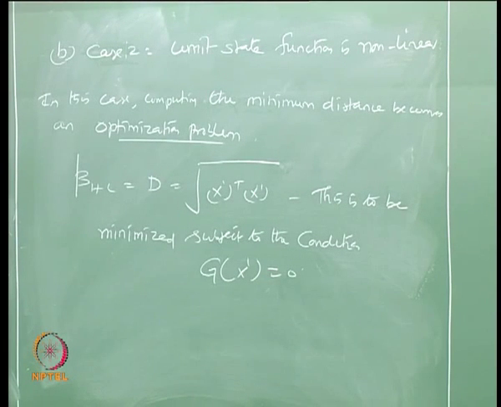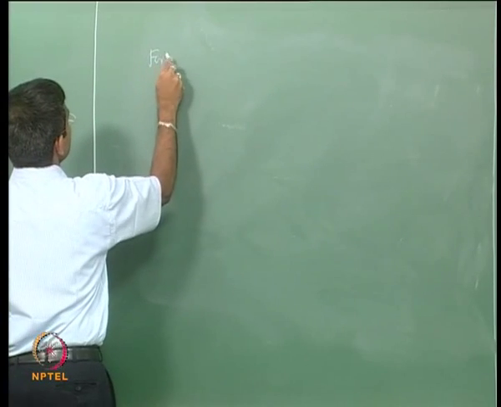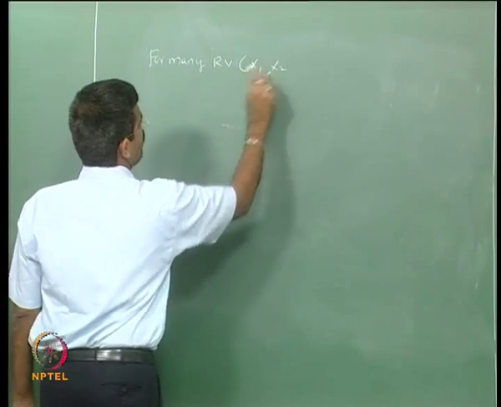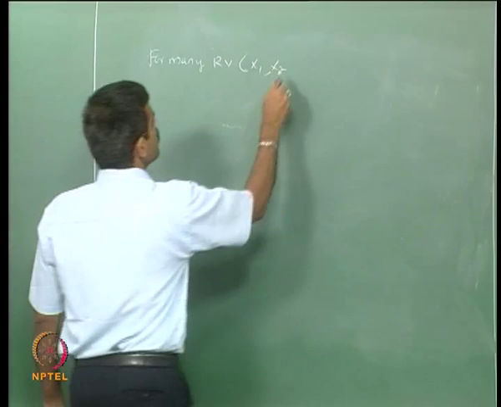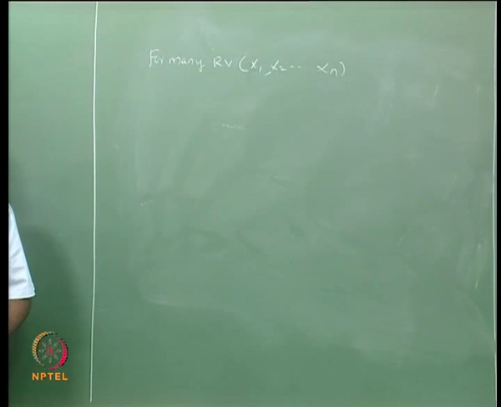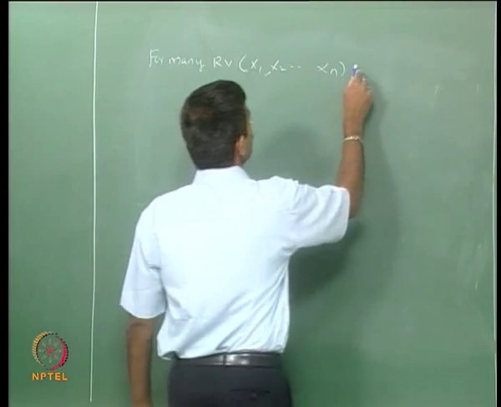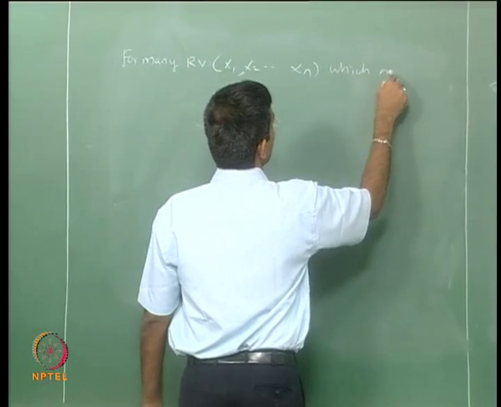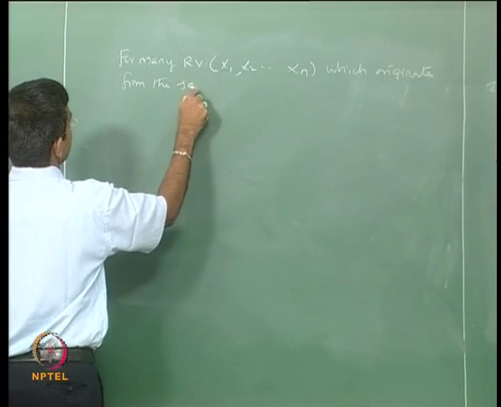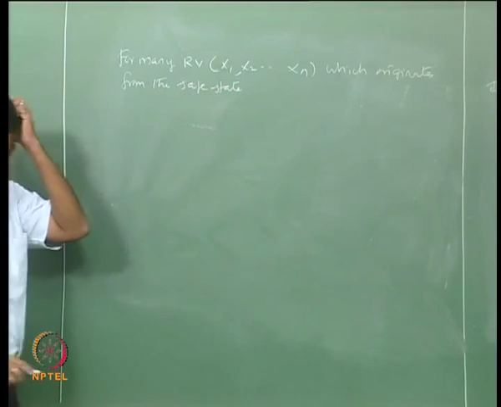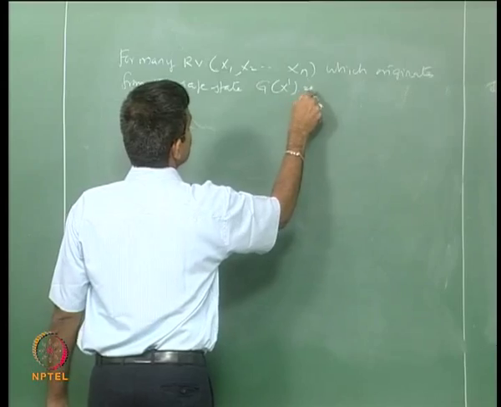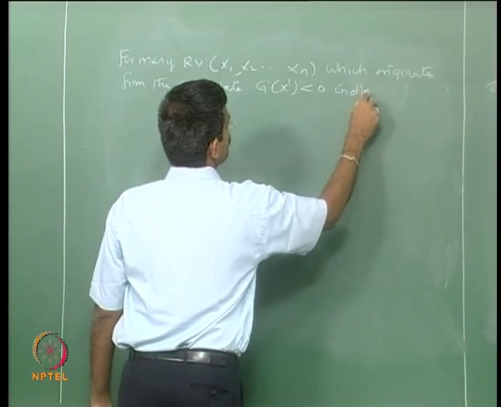For many random variables x1, x2, xn, which originate from the safe state, g of x dash less than 0 indicates failure.